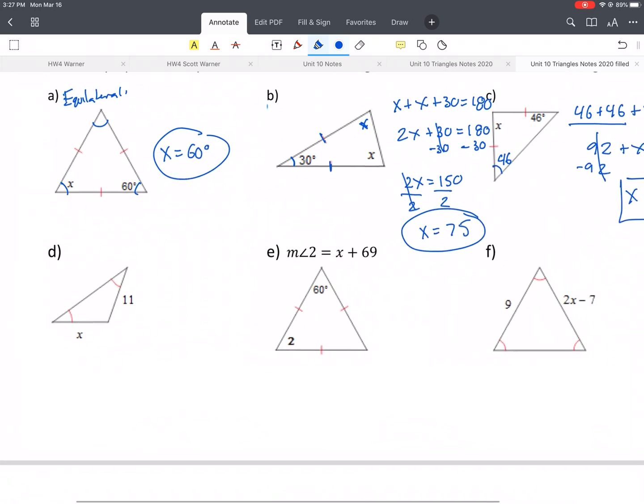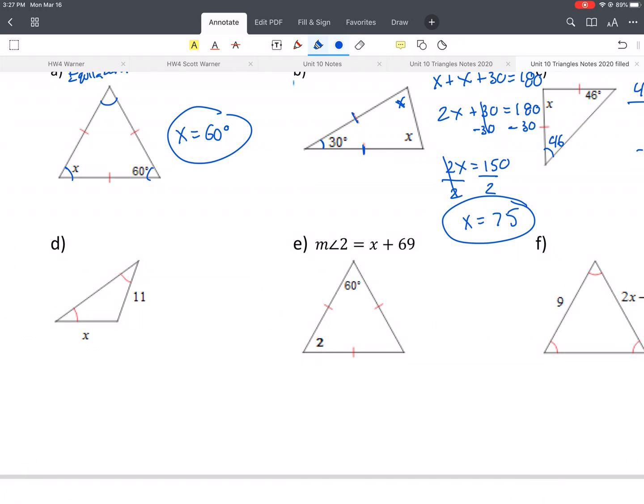All right, looks like we have another isosceles. So since these two angles are congruent, these sides are also congruent. Okay, so we have x equals 11. This is an equilateral triangle, which means that all three angles are the same.